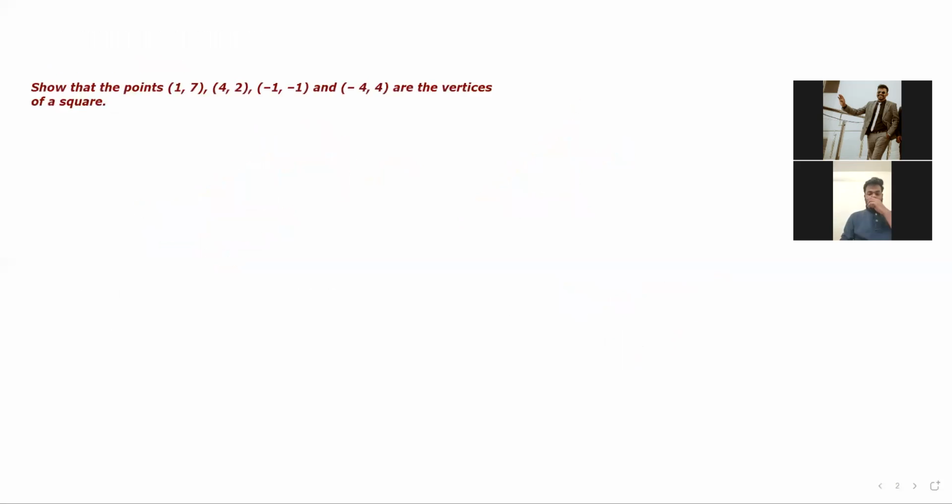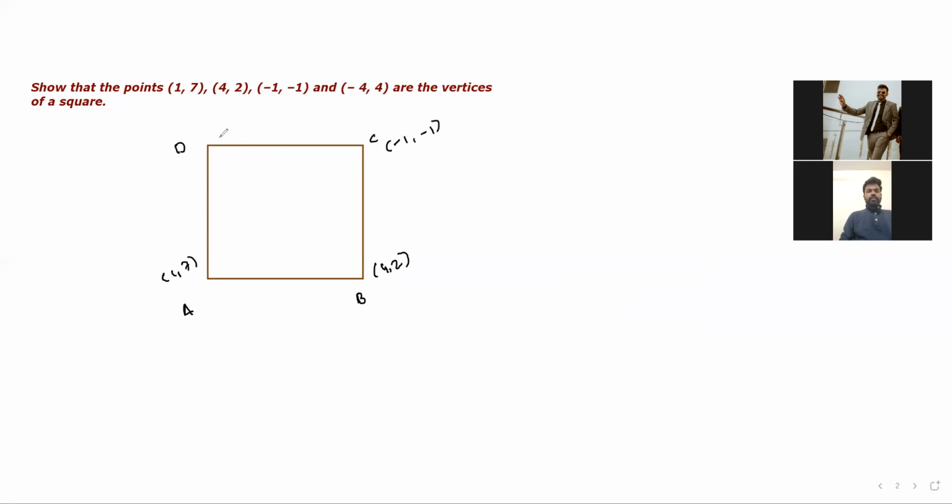The question here is, show that the points (1, 7), (4, 2), (-1, -1) and (-4, 4) are the vertices of a square. So you need to check whether these points are the vertices of a square. Let's write down these points as A, B, C, and D. A is (1, 7), B is (4, 2), C is (-1, -1), and D is (-4, 4).